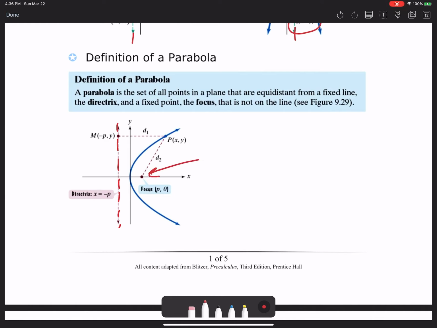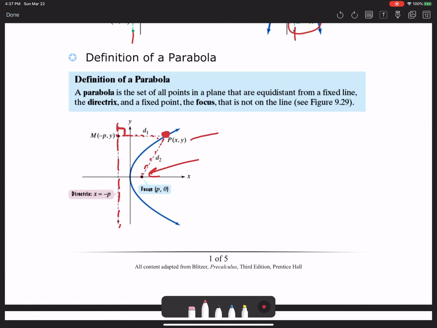We've worked with the focus, or foci, the plural of focus, in the past. If you pick a point anywhere on your parabola, like this point P, which has coordinates x comma y, that point will be equidistant from the focus and from the directrix. And of course, that distance from the directrix is a perpendicular distance.